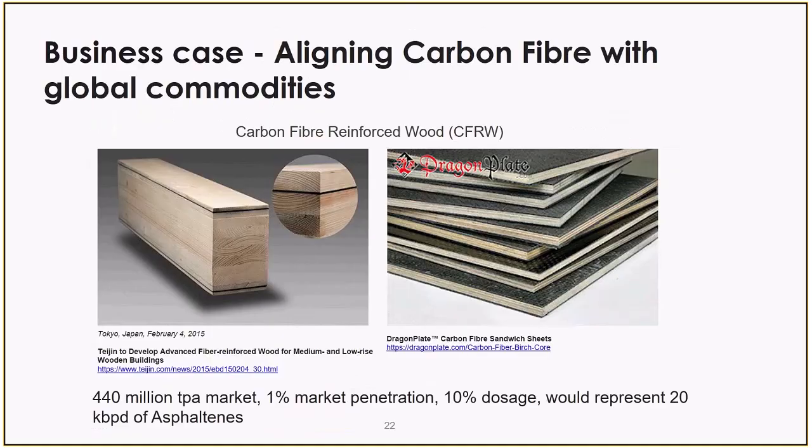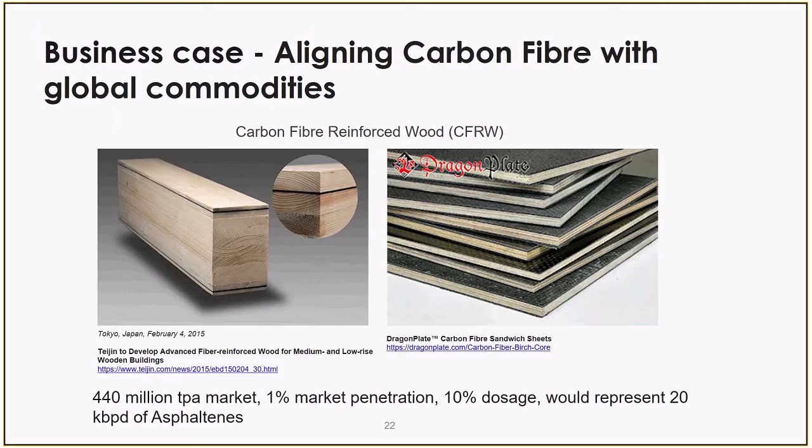Another global commodity, carbon fiber reinforced wood. Of course, there's a Canadian advantage here with Canada being a huge producer of wood reinforced products and wood products in general. We did the analysis, and again, I'd refer people back to the Phase 2 report, that this market by 2030 will be 440 million tons per annum.